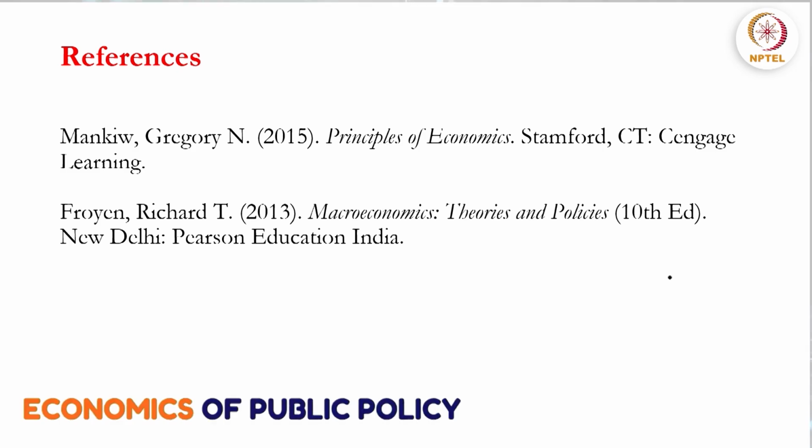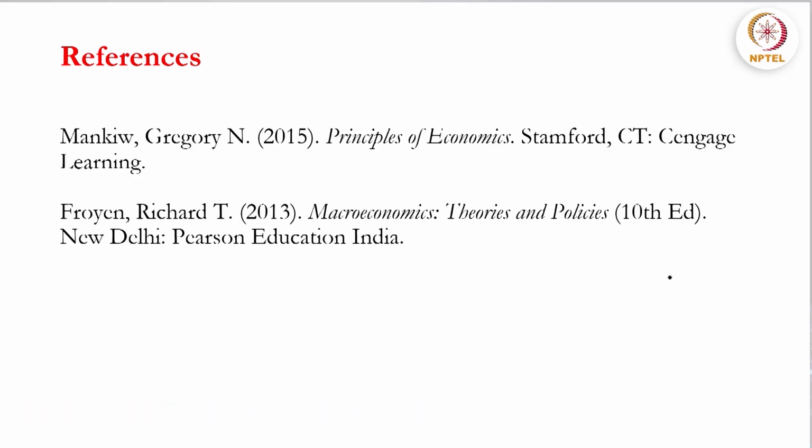And Richard T. Froyen's book, 10th edition, Macroeconomics: Theories and Policies, will also be useful, especially to understand the expenditure approach and income approach of calculating output or national income, and breaking down all the components of the national income equation, like Y equals C plus I plus G plus X minus M. If you want to understand each component, like consumption, investment, government expenditure, and tax rates, this will help you.